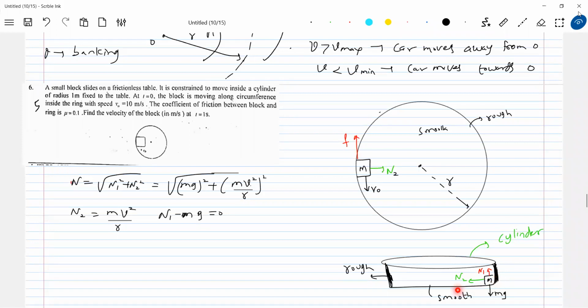If the base is also rough, then friction due to mu N1 also will come. This is smooth, so you should write still F equal to mu N2 only. So because of this, it will undergo retardation, tangential retardation. So what is N2? m v square by r. Look at the friction, I brought it where it is proportional to speed squared in this case.